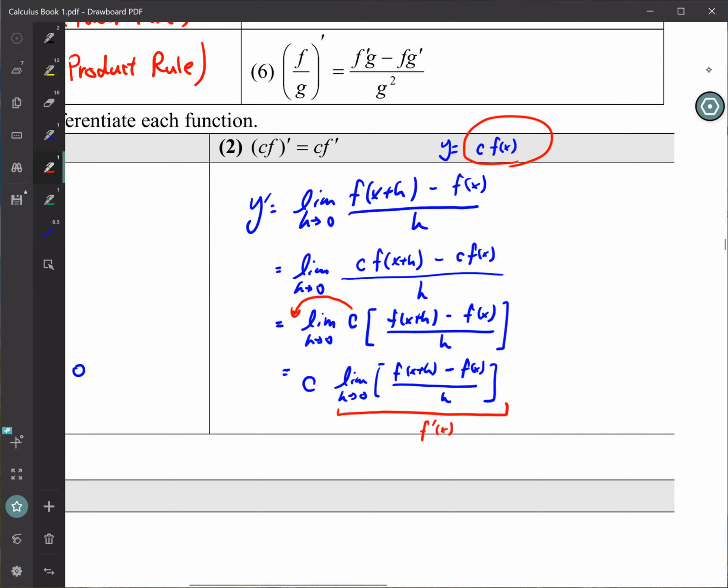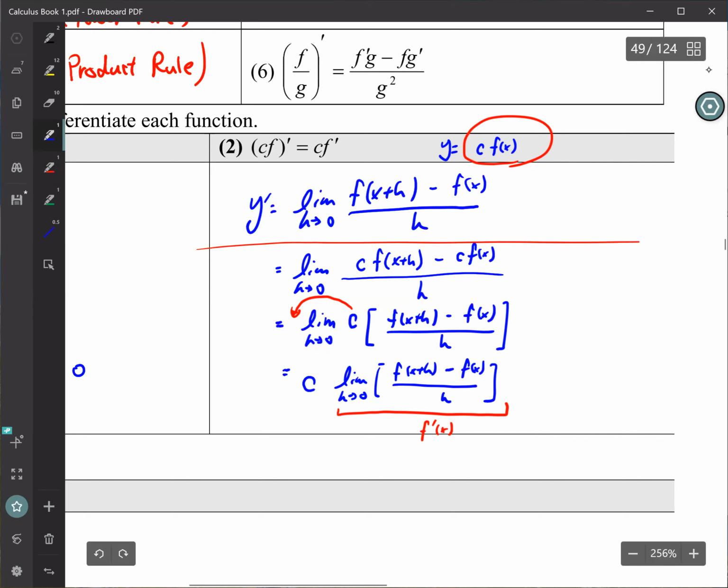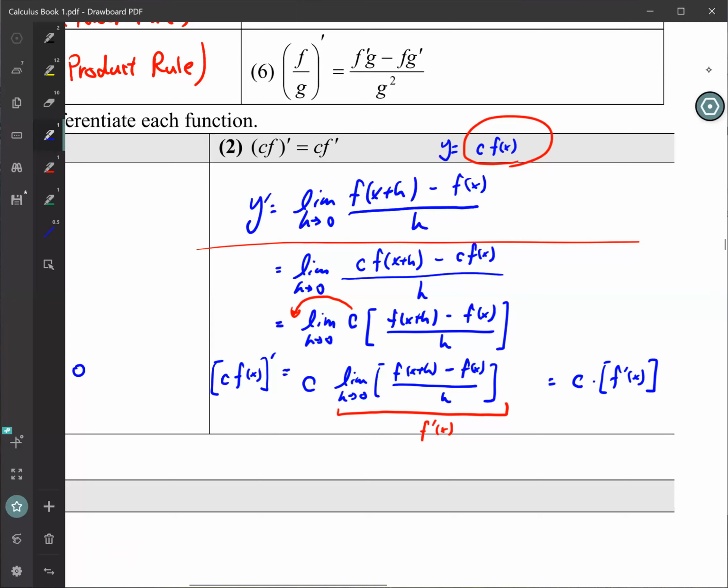It's from the definition of f prime. So therefore, when we prime the original, c f of x, the whole thing prime, would just equal c times f prime of x. So the constant is not affected because for a constant, you can always pull it out of the limit, okay?